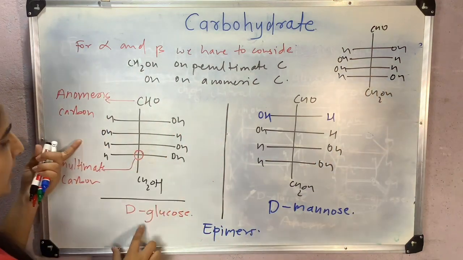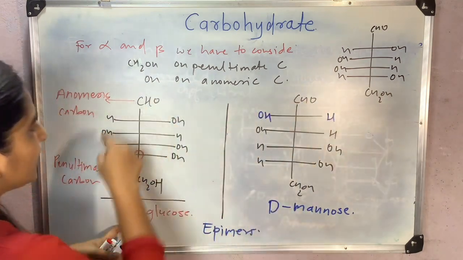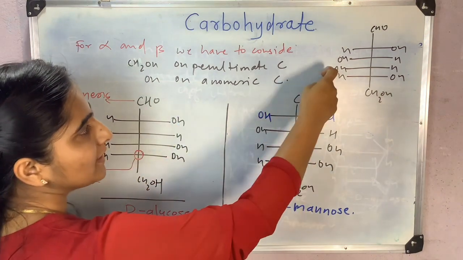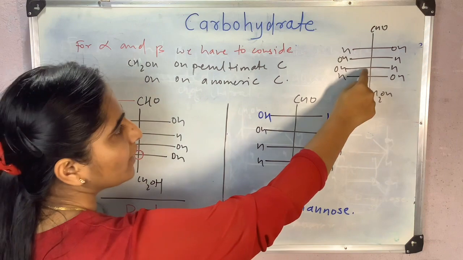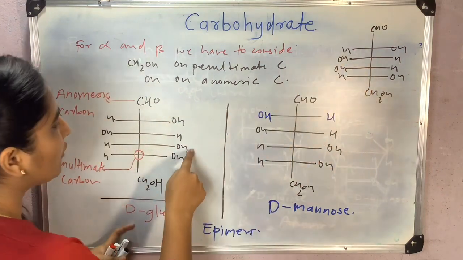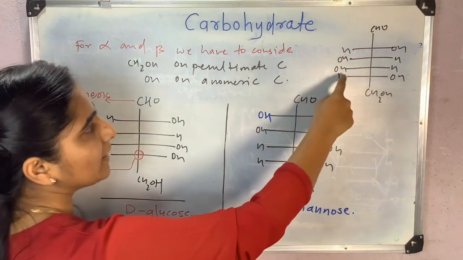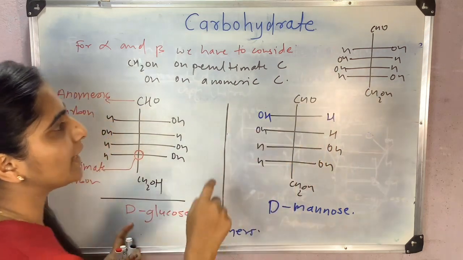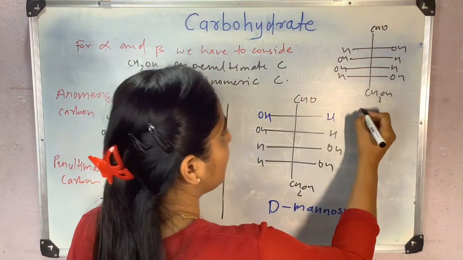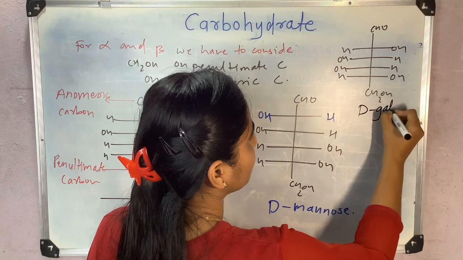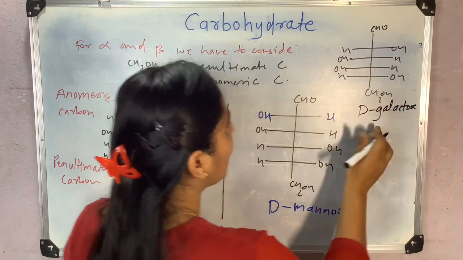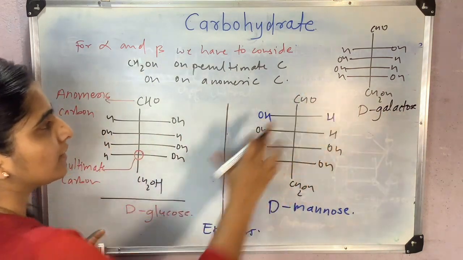See, in these two structures, the rest is the same except the configuration at one chiral carbon. Here the hydroxyl group is at the right side and here the hydroxyl group is at the left side, and this structure is D-galactose, and these two are epimers.